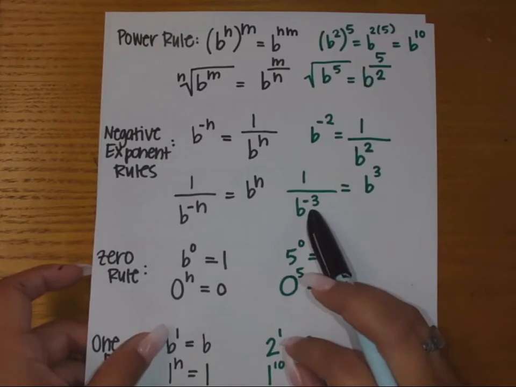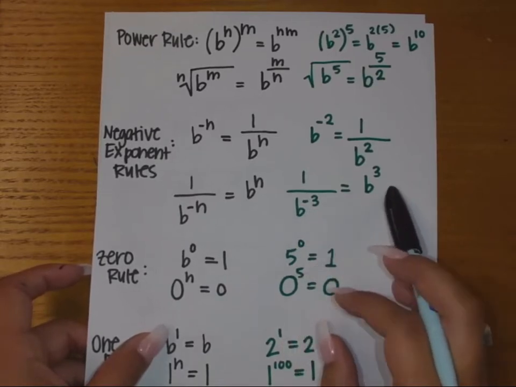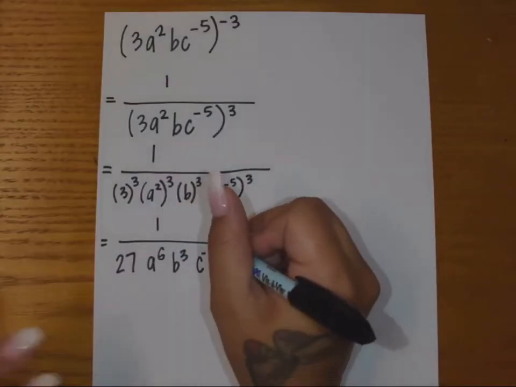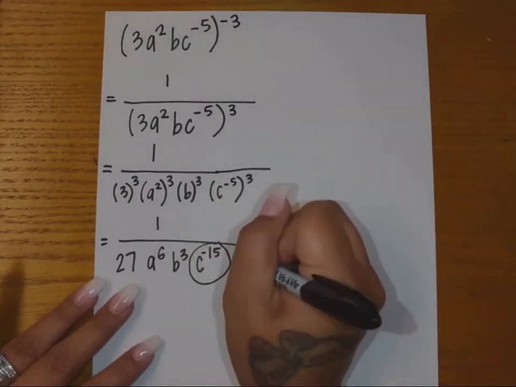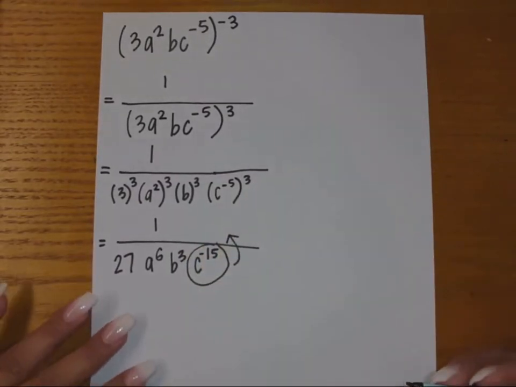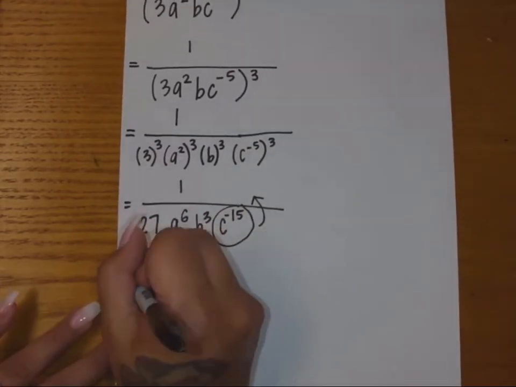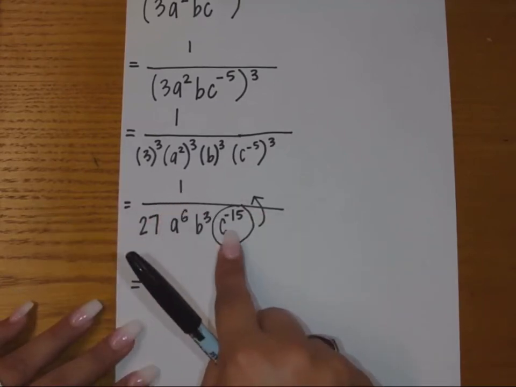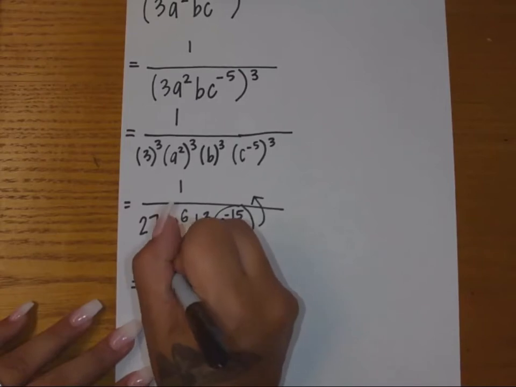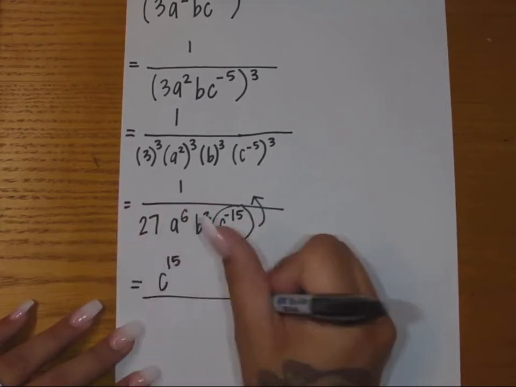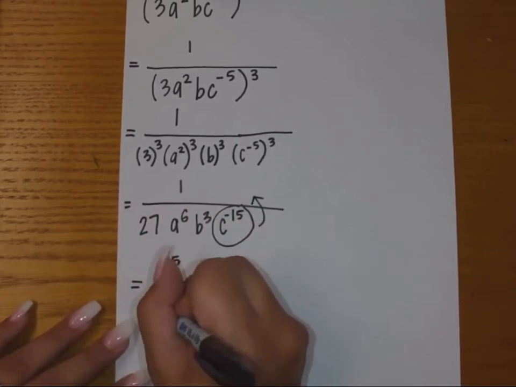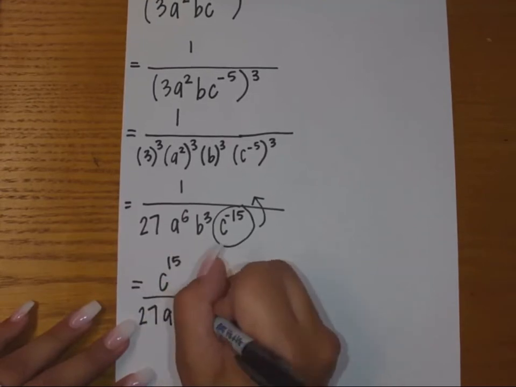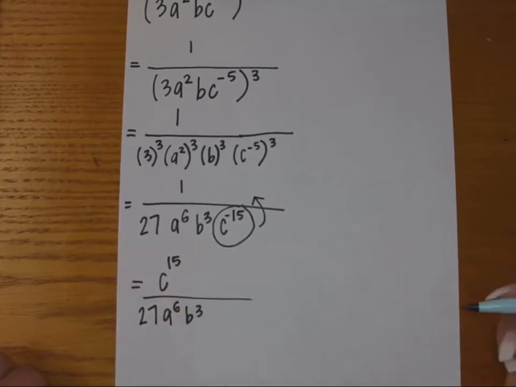So it goes from being in the denominator to being up top. Only this right here needs to move up. So we would actually have 1 times c to the positive 15 over 27 a to the 6th b cubed. That would be your final answer.